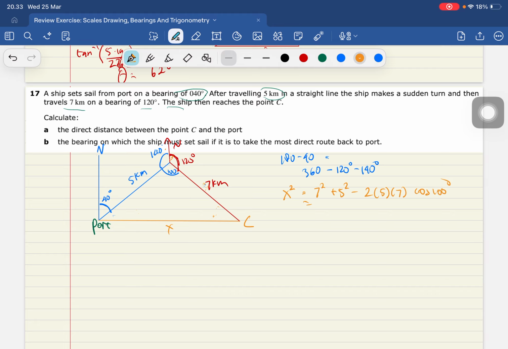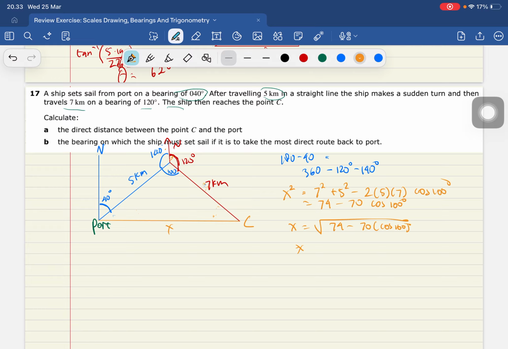So we can go for it. 7 squared plus 5 squared is going to be 74, minus 2 times 5 times 7, which is 70 cos 100 degrees. So x equals the square root of 74 minus 70 multiplied by cos of 100 degrees.